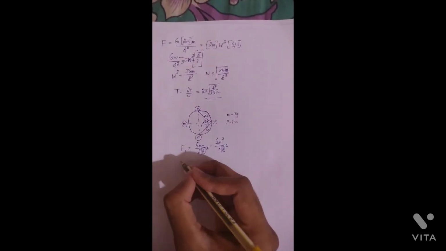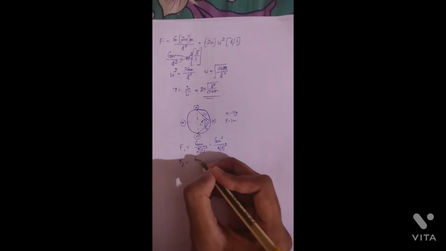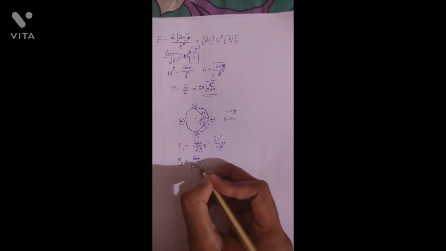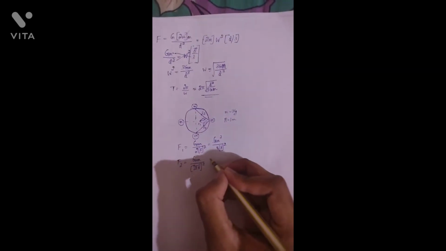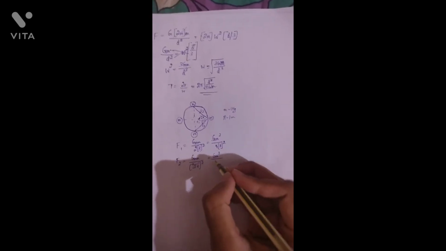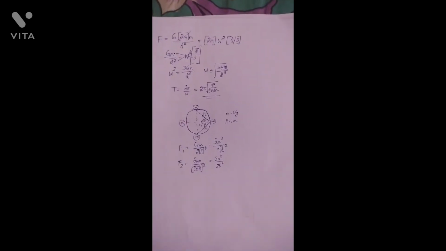Next, F2 formula will be GMM by root 2R square, that will be equal to GM square by 2R square. Root is removed, 2R square.